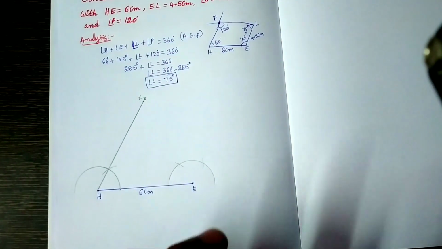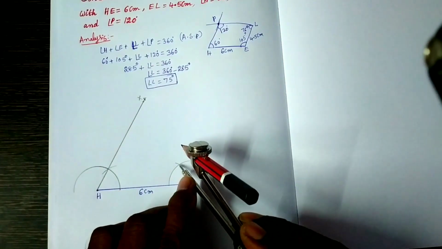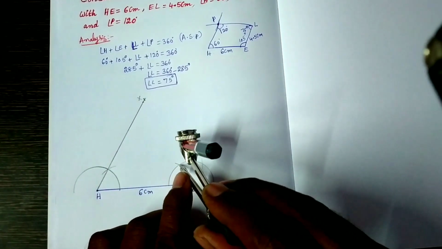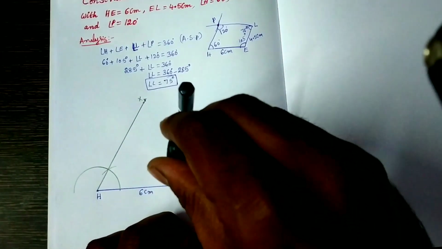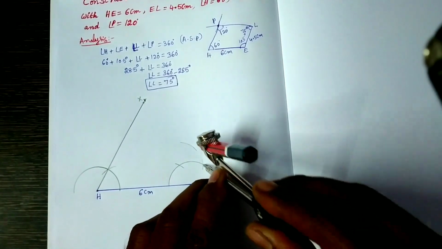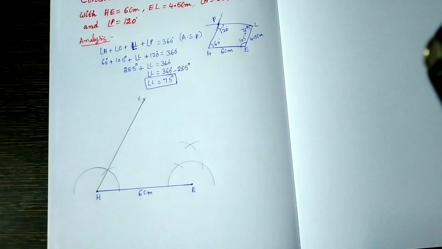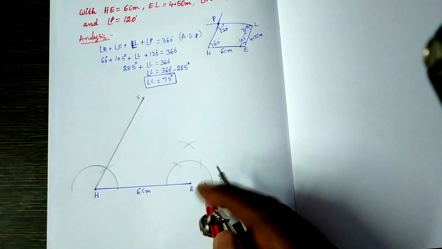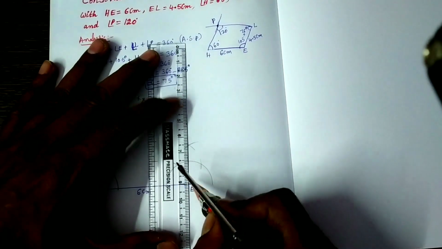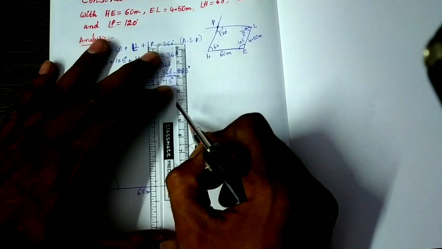It indicates 120 degrees. Again from 60 degrees draw an arc. From 120 degrees draw another arc. From E through the intersecting point of these two arcs draw a ray with dotted lines.